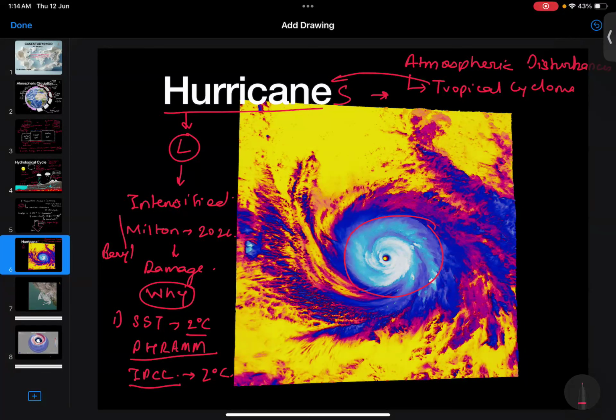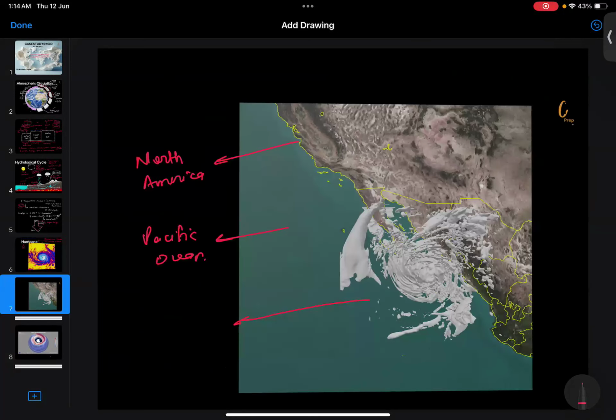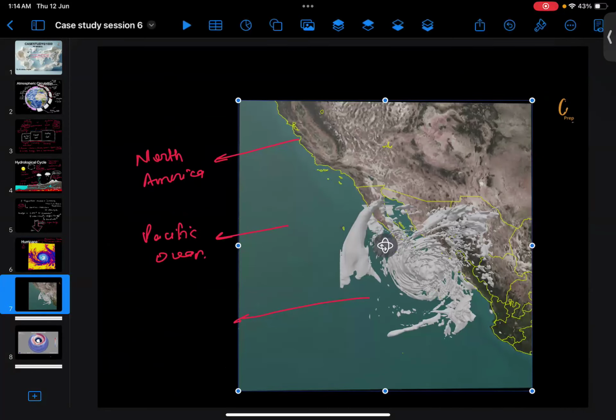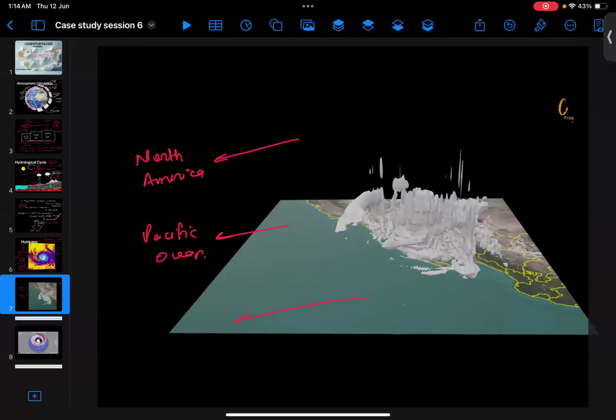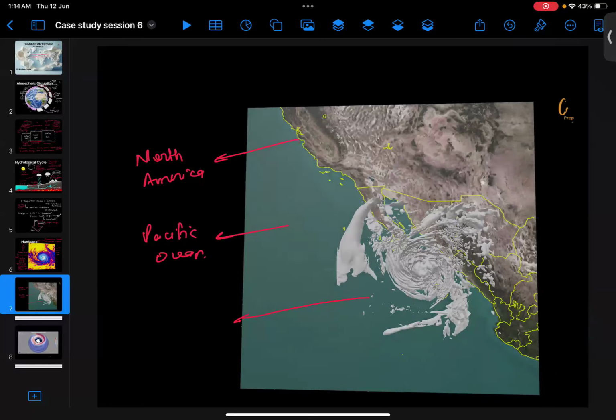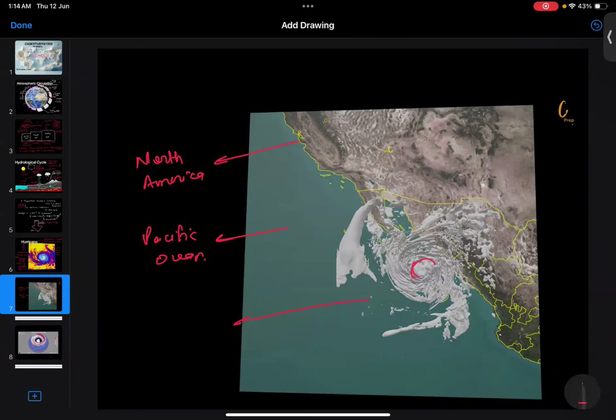Now, when we look at this part, according to certain data there is almost a 4 to 9% rise in the inner core. When I'm talking about the inner core, this is one of the hurricanes we will see here. This is the eye of the hurricane.